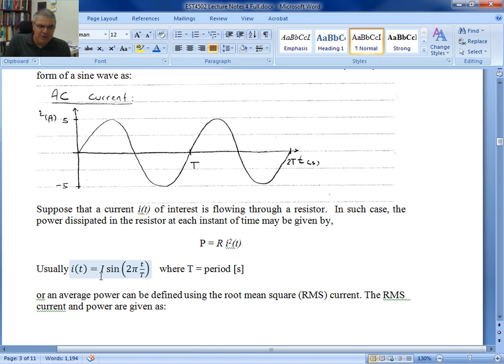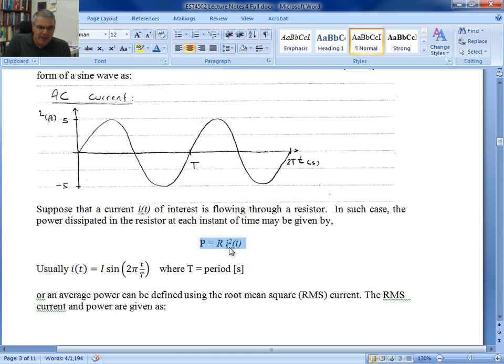So if we have a current of interest that is flowing through a resistor, and I sub t is shown as such, in this case the power that will be dissipated by the resistor at each instant in time will be given by this equation that's shown here. P is R times I sub t squared.